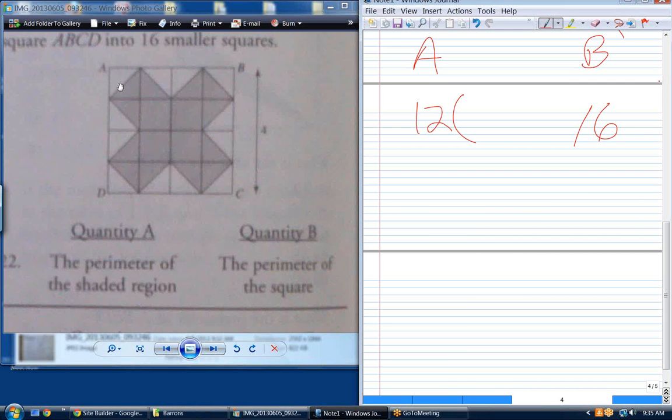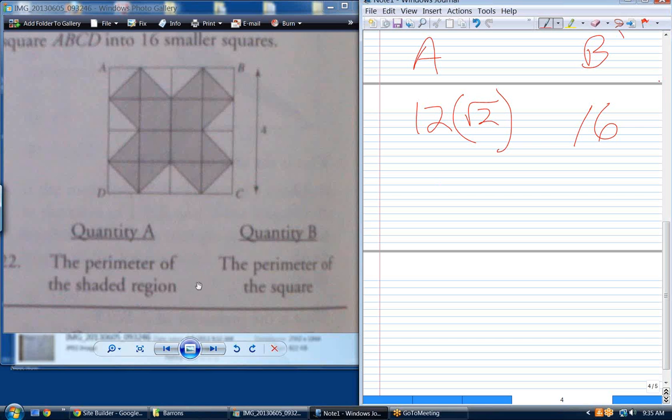So what's the measure of that diagonal? What kind of triangle is that? It's going to be square root 2. Okay. So there's the perimeter of figure A, there's the perimeter of figure B, which is bigger? A is larger. A is larger by just a notch.